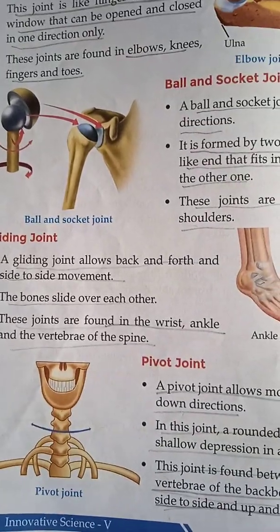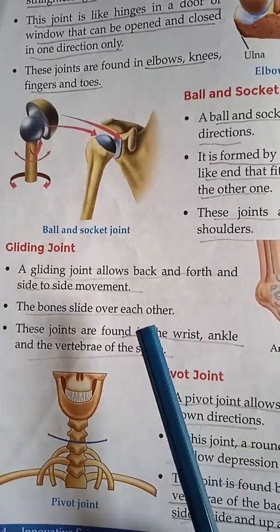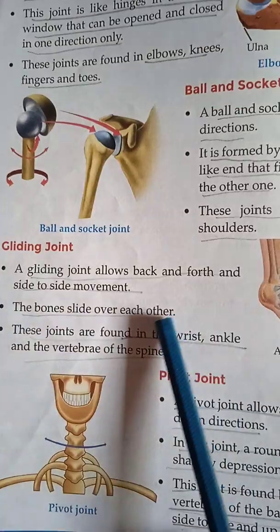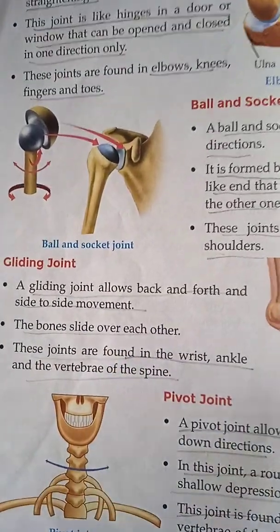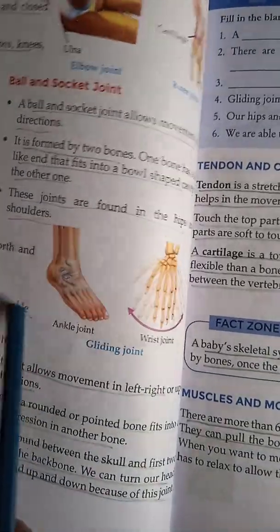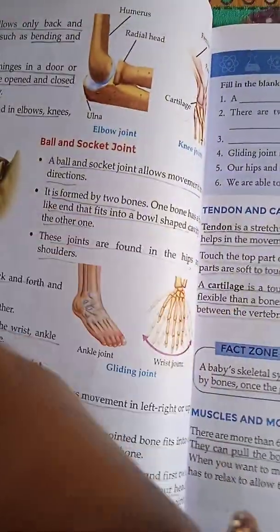Now the gliding joints. These joints help in side to side movement and back and forth movement, and the bones can slide over one another. As you can see, examples are the ankle joint and the wrist joint. You can rotate your hands like this.